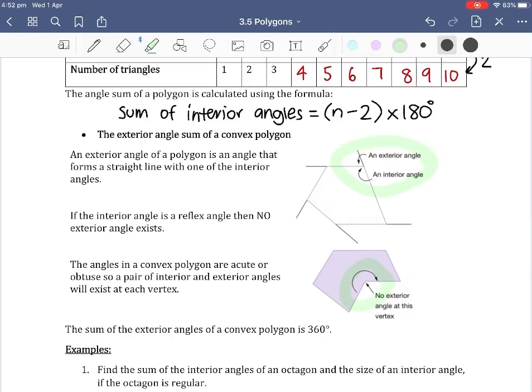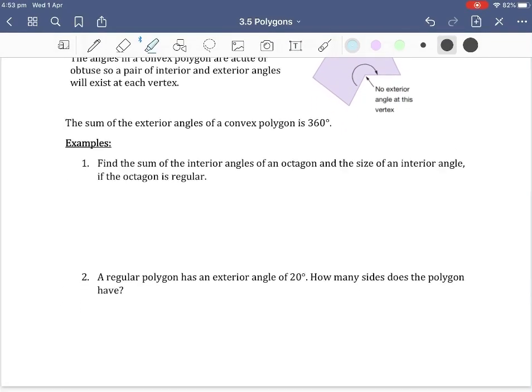The angles in a convex polygon are acute or obtuse, so a pair of interior and exterior angles will exist at each vertex. The sum of the exterior angles of a convex polygon is 360 degrees. So all of these angles here are going to add to 360 degrees.